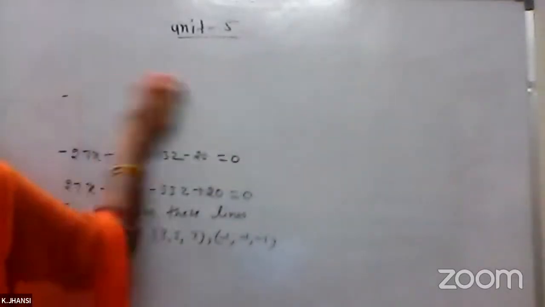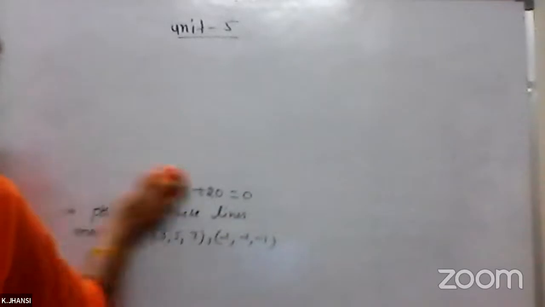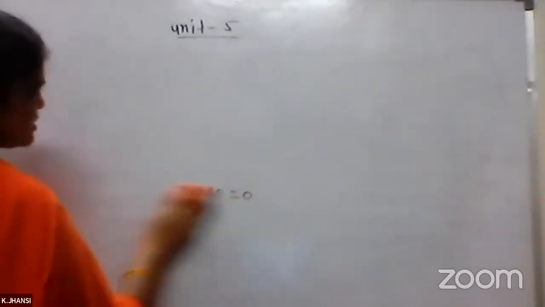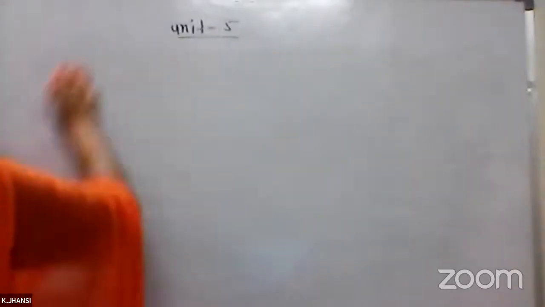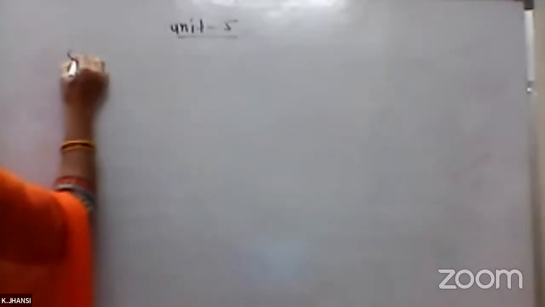This is the first method we have done. Some problems you can do directly with the second method. Even in the second method, you will get the points also. In the first method we take the points through x1, y1, z1 and x2, y2, z2. So we'll see the second method for this same problem.